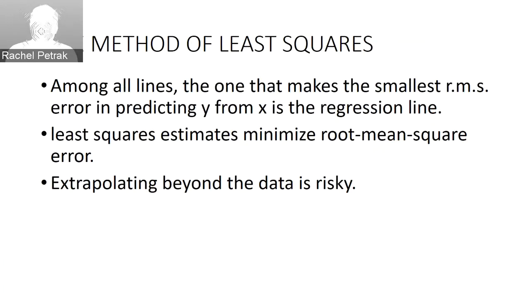So the method of least squares is the method that makes the smallest root mean square error when predicting y from x. And then the least squares estimates are the same as the regression line estimates, because we're using the least squares method of regression.